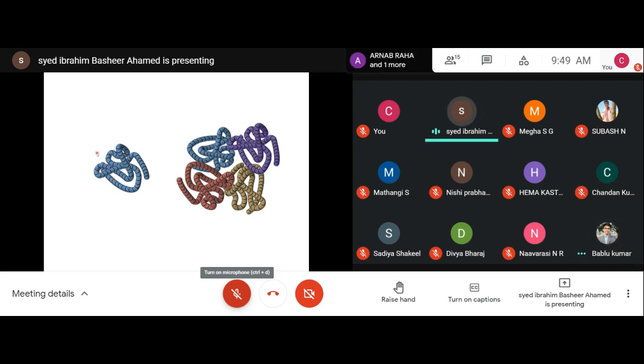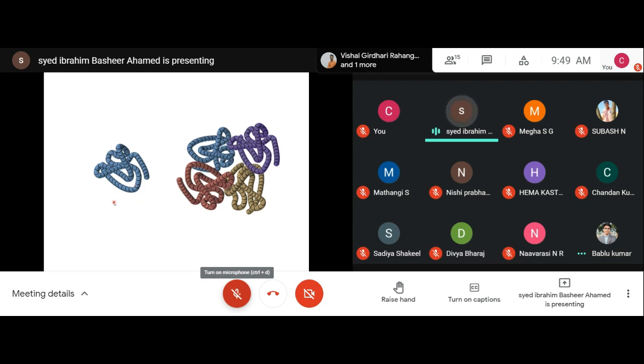You are saying this is glycine. No, sir, it's a protein structure, a complete protein structure, and a complete protein would have glycine in it.